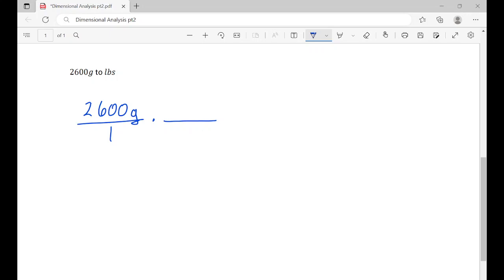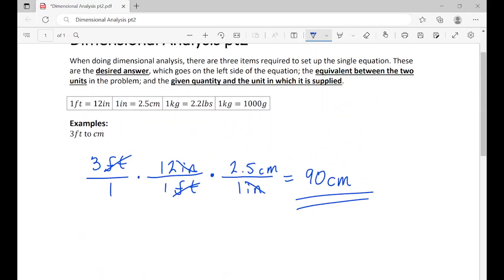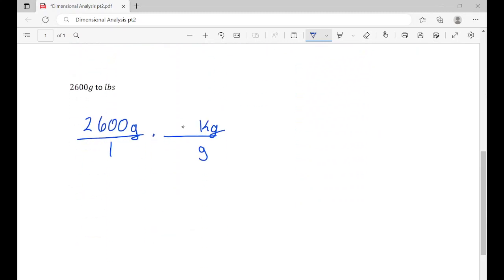So I know I'm going to have grams in the bottom and kilograms up top. And I have this measurement up here that 1 kilogram is equal to 1,000 grams. So that's what I'm going to do. So I'm going to have 1 kilogram and 1,000 grams. And now I'm going to do it again.